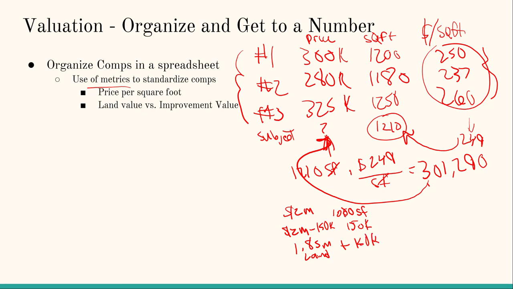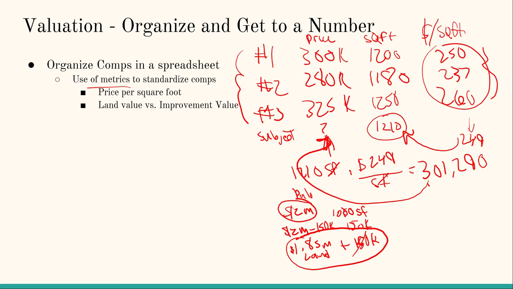So this is a very drastic example where in Palo Alto the land is very valuable. Of this $2 million, you were able to break it out and see what the land is worth. And this is important, especially if you plan on just destroying this house and building a new house.